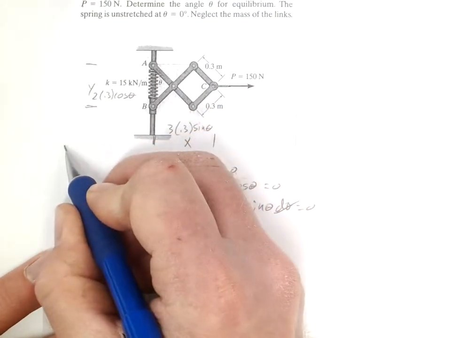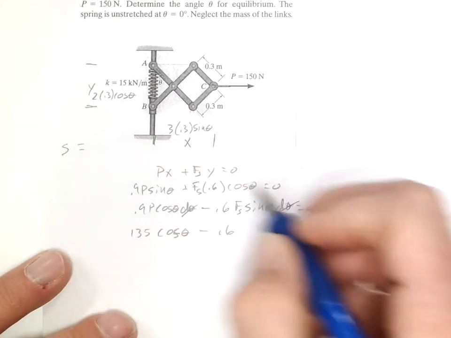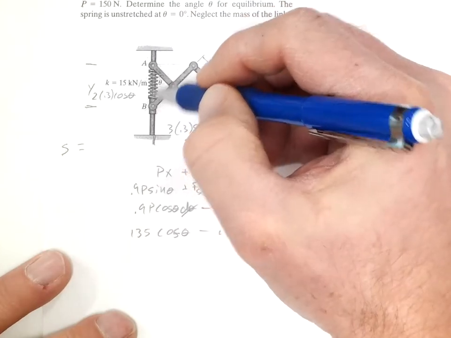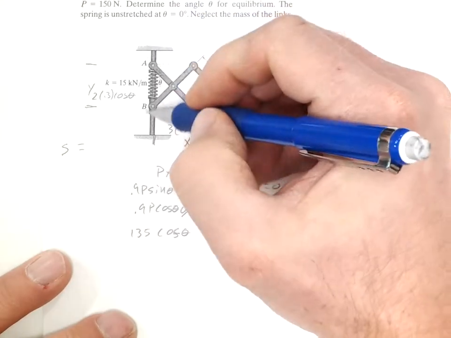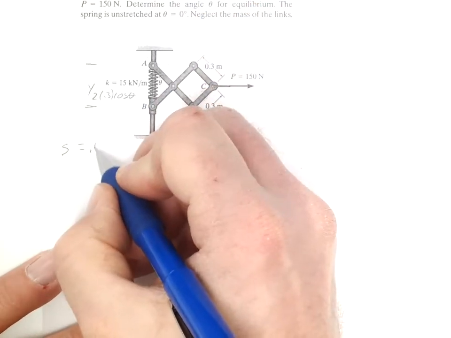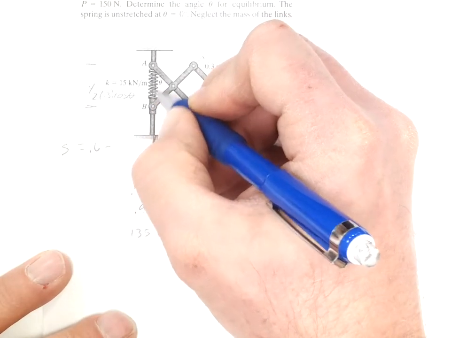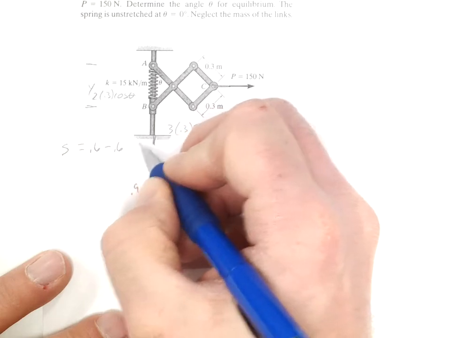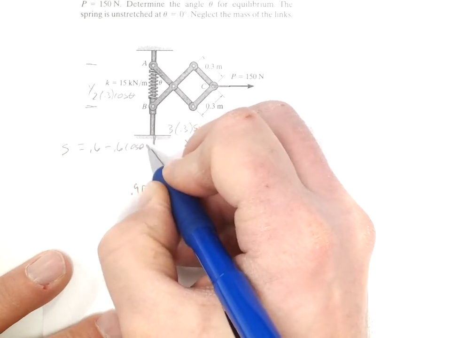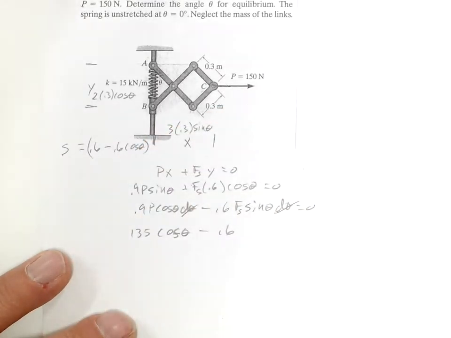Now s is going to be this total length, because it's unstretched is 0. So the total length 0.6 minus whatever it's compressed. So 0.6 cosine theta. That is the stretch.